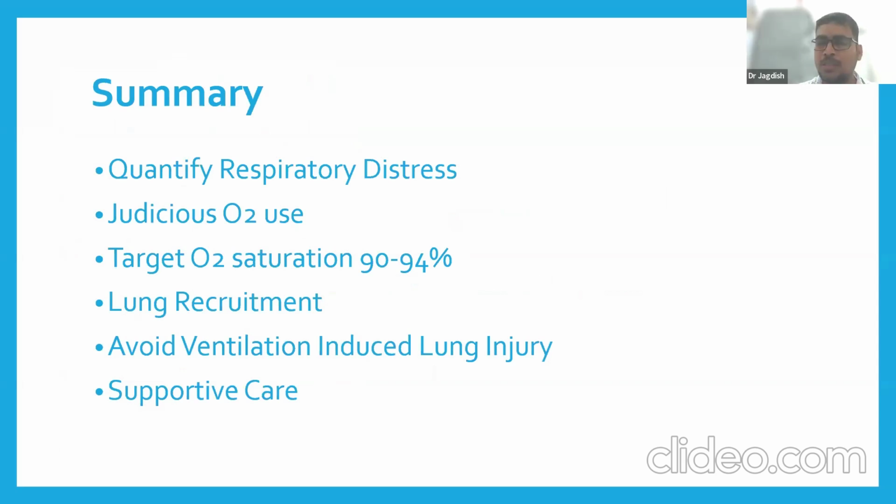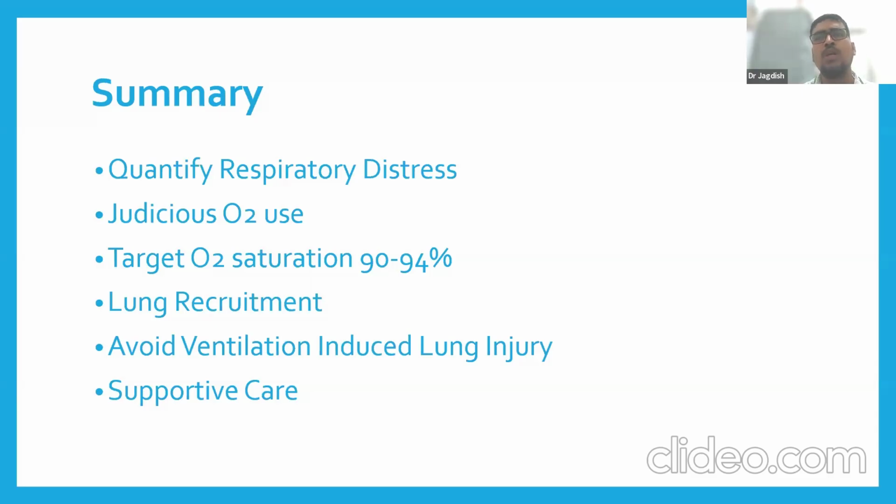For a preterm baby, you can prefer Silverman-Anderson score. But at least do a respiratory distress scoring periodically. That will help you identify whether the baby is improving with your support or the baby needs escalation of support or intubation.